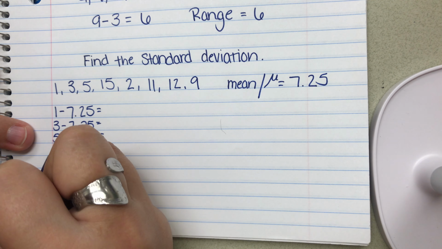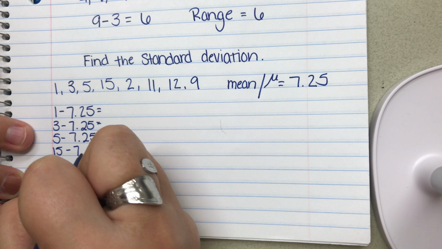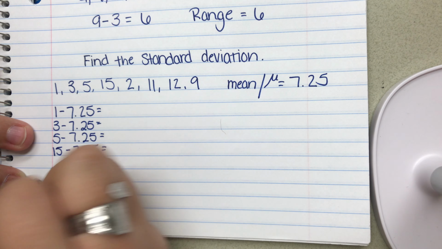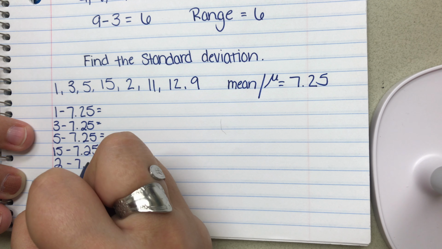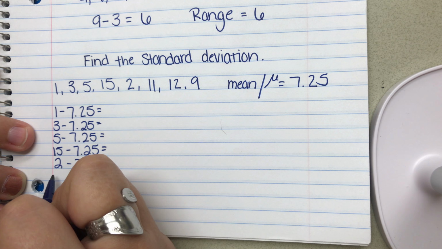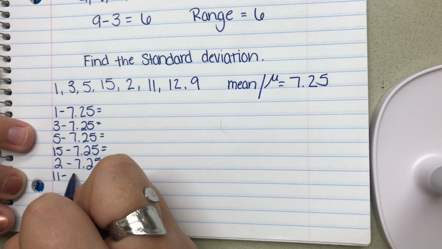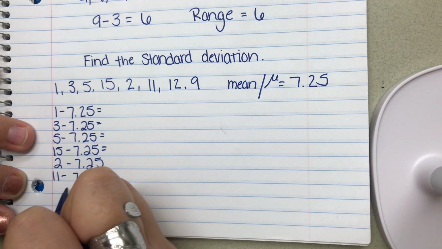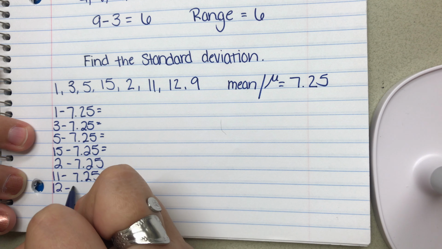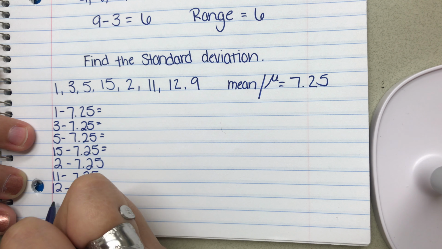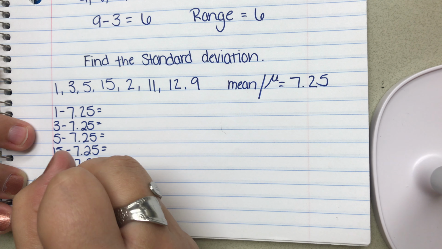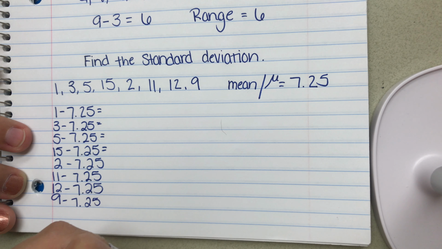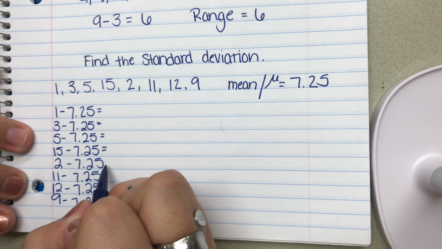Sorry for this monotonous part, y'all. 15 minus 7.25, 2 minus 7.25, 11 minus 7.25, 12 minus 7.25, and 9 minus 7.25. Okay, so we have all of those written down.